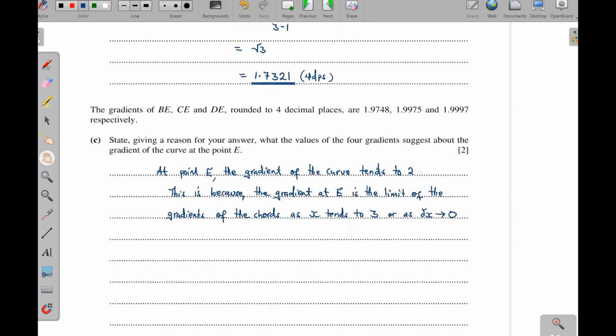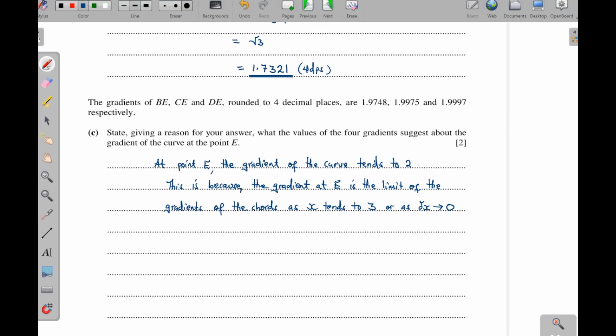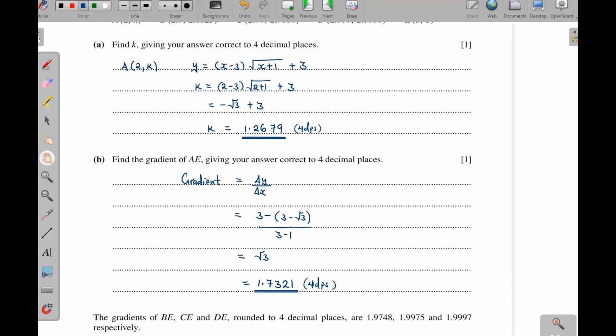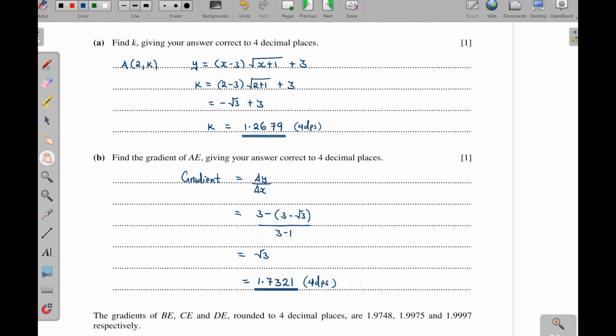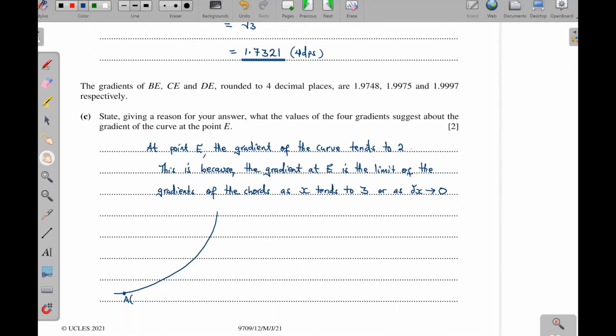So what do I mean here? We are having our curve, let's say this is the curve here. I'm just assuming this is the curve, and this is point A. So here we are having our A is (2, k), that is 1.2679, okay, 2, then k, and then there is point E here.